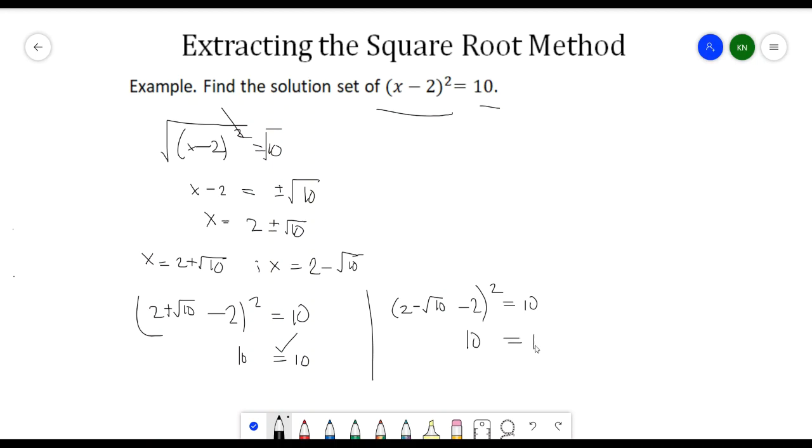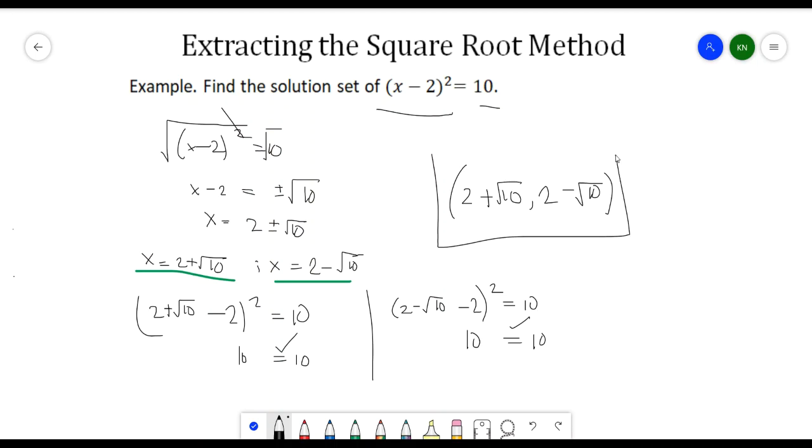So meaning to say our factors or our roots is the solution set of our equation. So that gives us 2 plus square root of 10 and 2 minus square root of 10. So this is now the solution set of our equation.